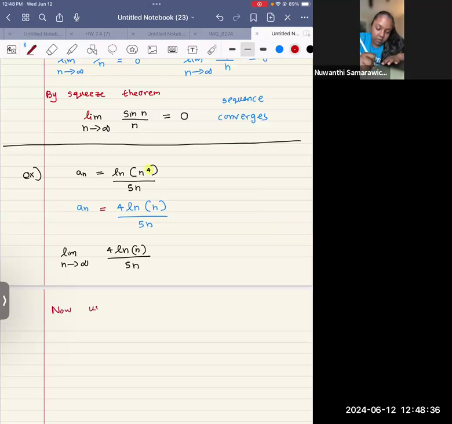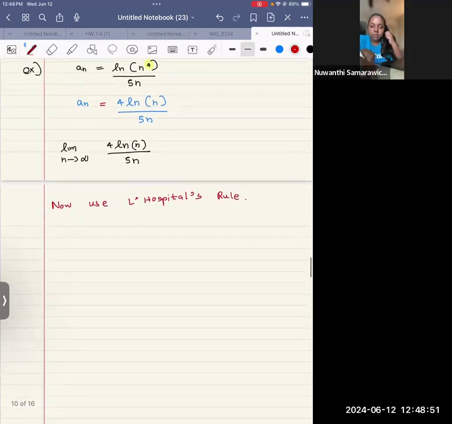So what is L'Hopital's rule? That means you can differentiate the numerator and the denominator.